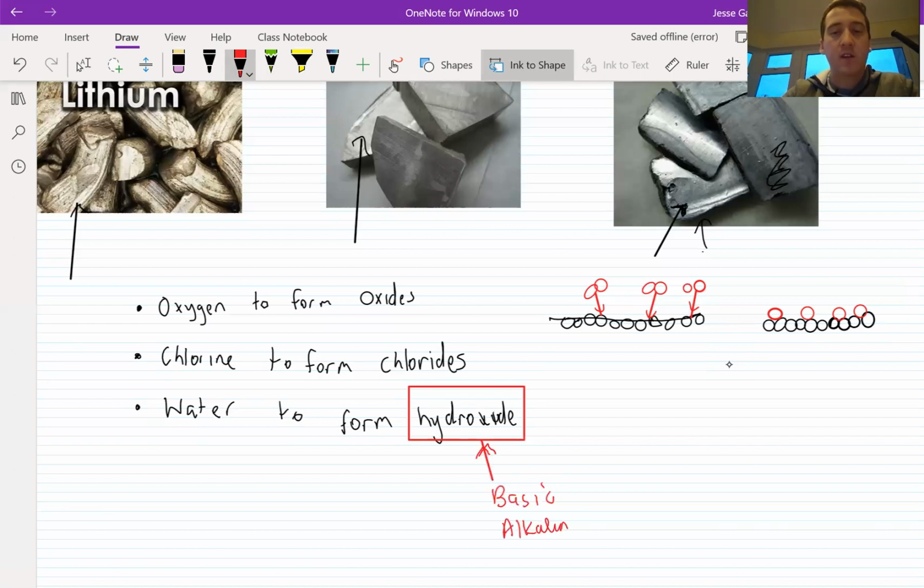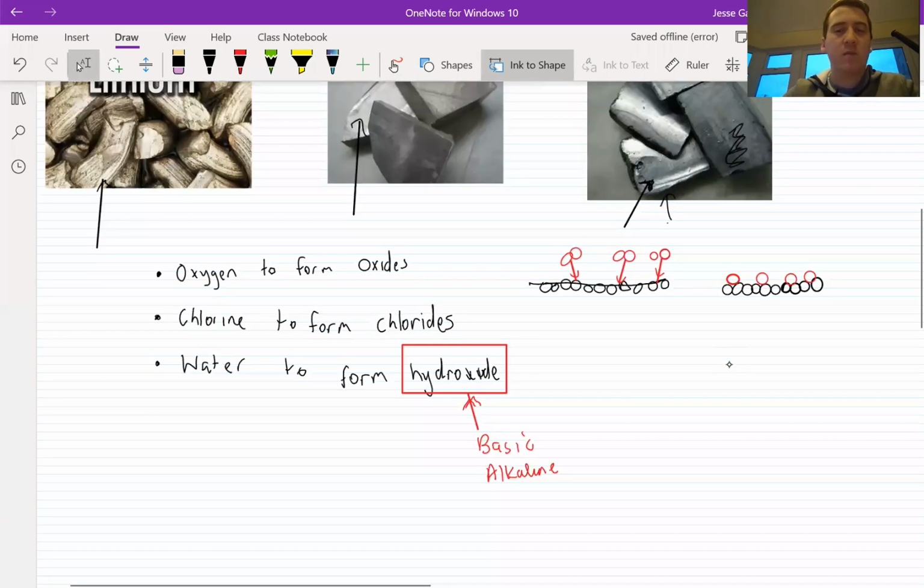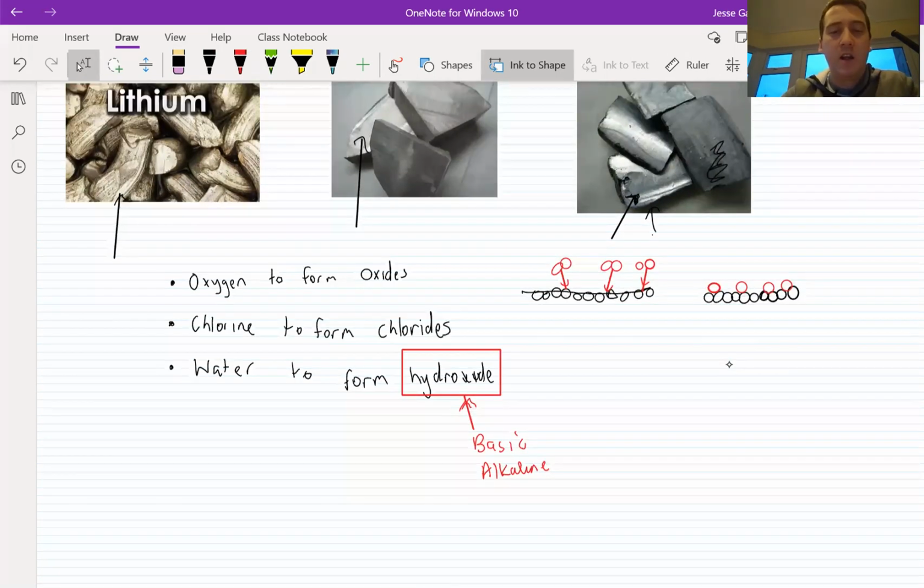Alkaline substances, if we've already studied acids and bases, I'm sure you have at some point, are substances with a pH between 7 and 14. So greater than 7, I should really say. So pH greater than 7 is probably a better way of putting it. So they are alkaline, or they are basic.